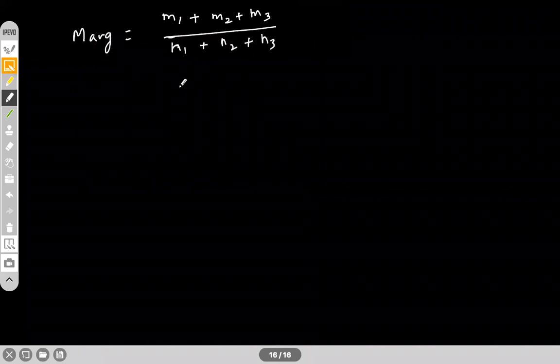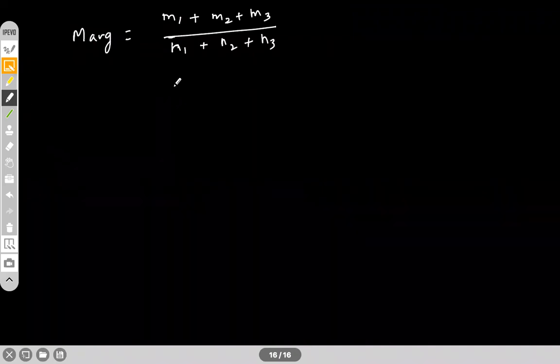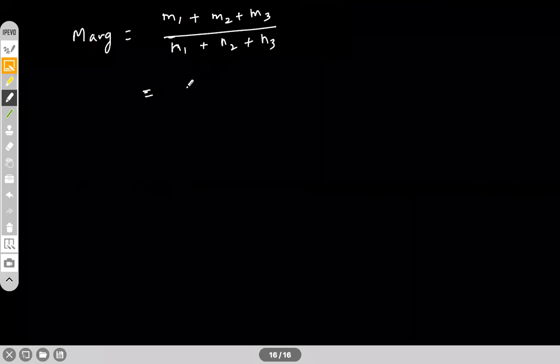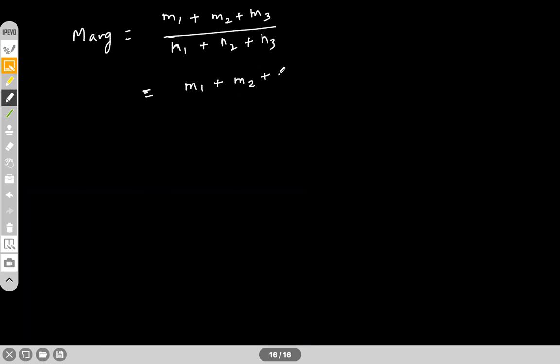So further, we can simplify this expression, and we can write m1 plus m2 plus m3 divided by the number of moles, which is m1 by molecular mass plus m2 by molecular mass plus m3 by molecular mass.